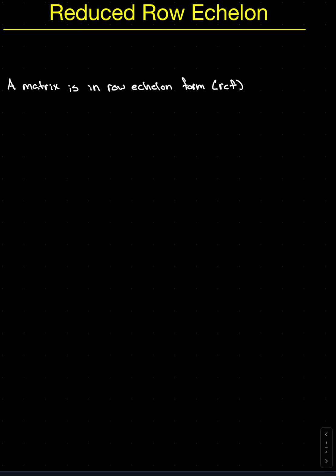So it's in this form if it satisfies three properties. So first of all, rows of zeros are beneath non-zero rows.